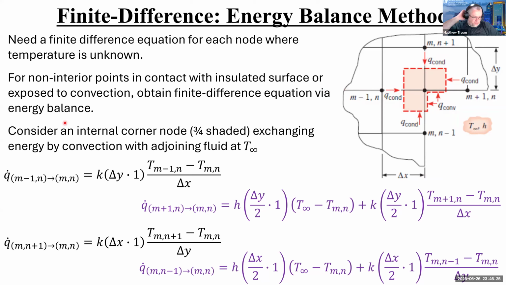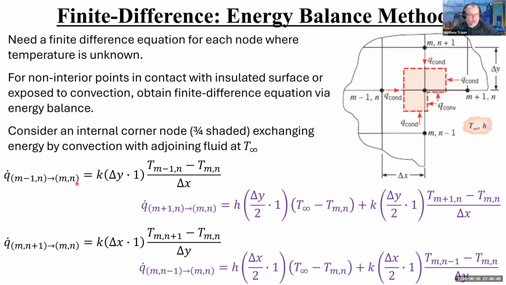Okay, so we are going to have the same equations as before for conduction coming across this surface, which is a full surface, and conduction across this surface, which is a full surface. So we see here Q of m minus 1n, m minus 1n going in.